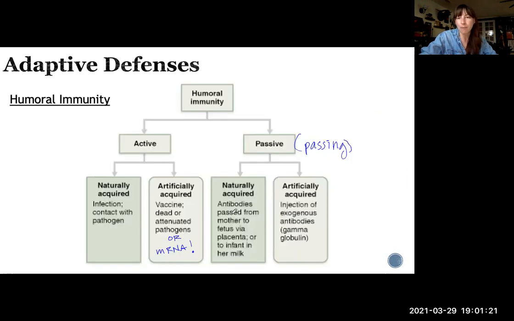Because they won't be made by your B cells at that point. Your B cells still need to be trained to make that antibody by themselves. So just having the antibody means that antibody is going to eventually break down and there won't be anything to make it until your B cells learn to recognize that antigen on their own.